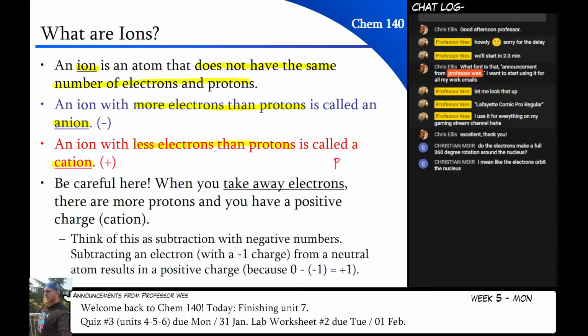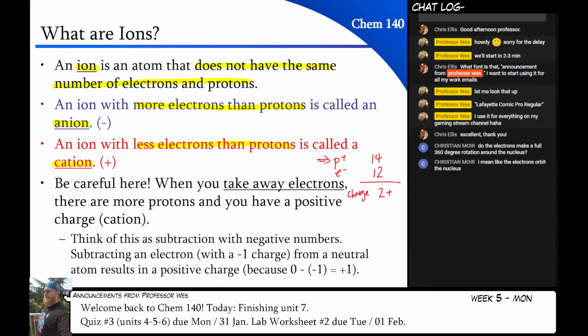So, for example, if I have protons and electrons, the same number of each, the charge is 0. Now let's suppose that I took away 2 electrons.